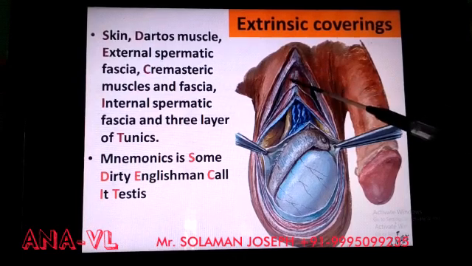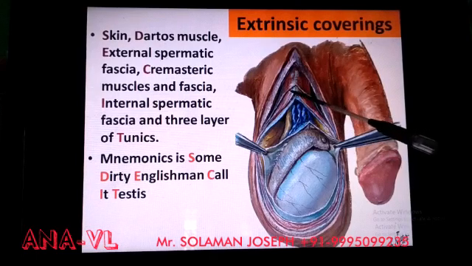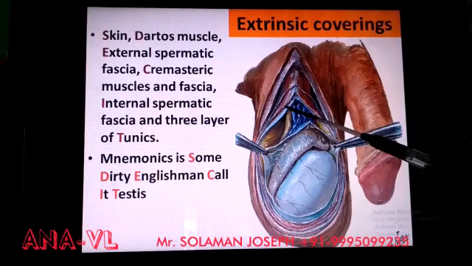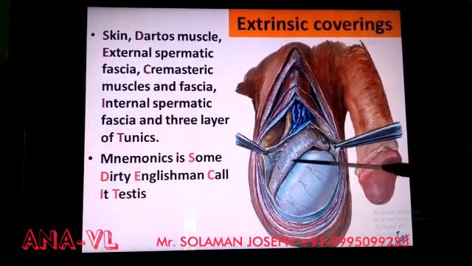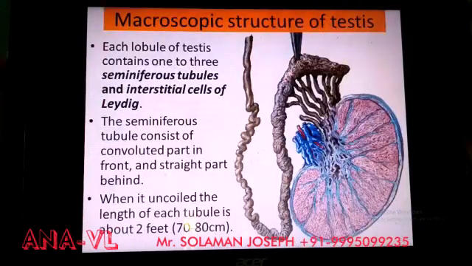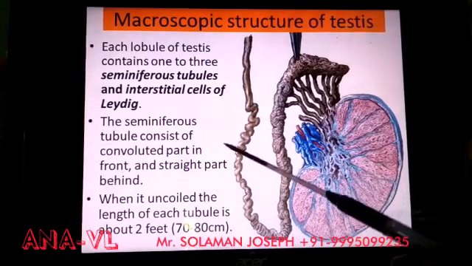Just inside the dartos muscle is another layer called the external spermatic fascia. Inside that, the cremasteric muscle is there. Inside that is the internal spermatic fascia. Then most internally, we have the intrinsic coverings of the testis that we already mentioned. That is the extrinsic covering of the testis. Then we go on with the macroscopic structure of the testis.